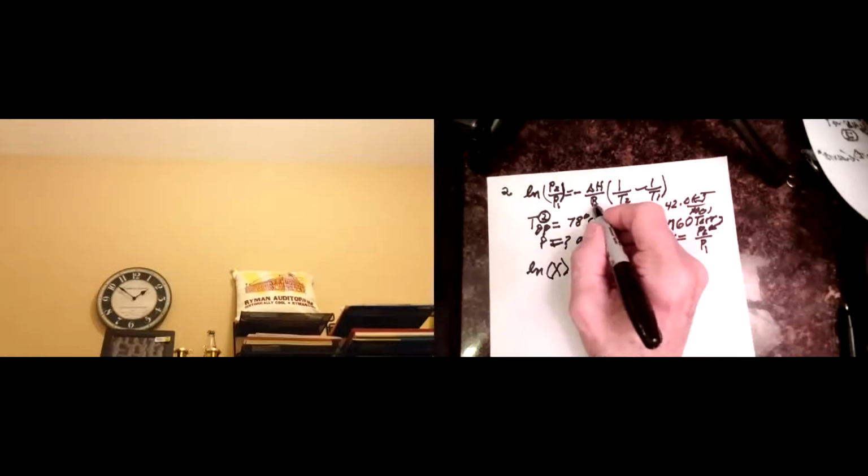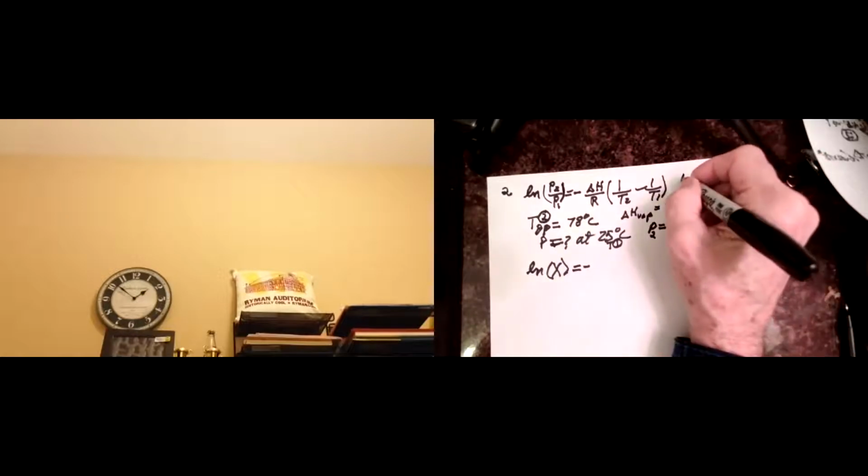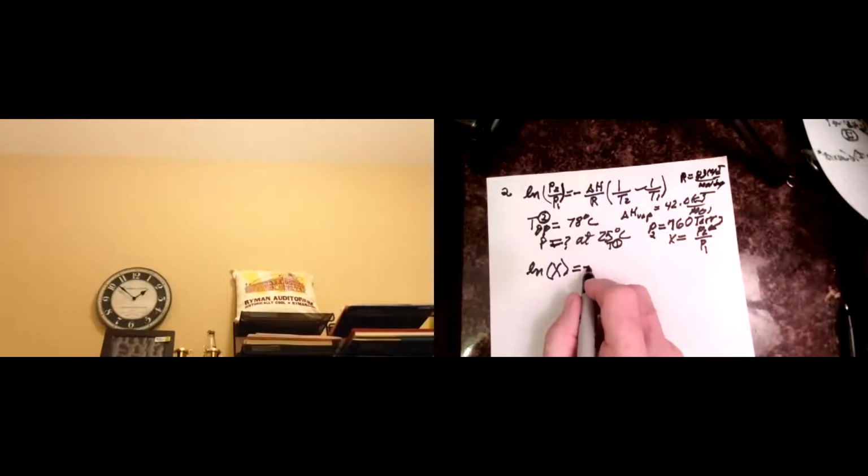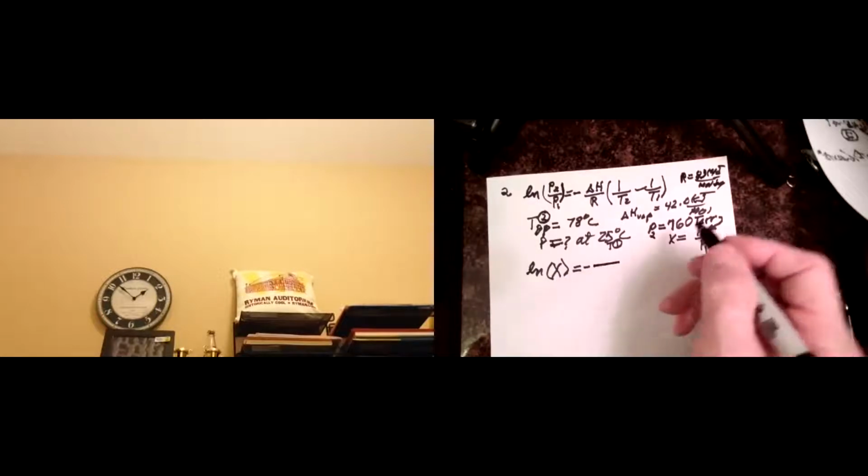The value of R is 8.314 joules per mole per degree. Since that is in joules, I've got to put delta H also in joules, and that's easy enough.